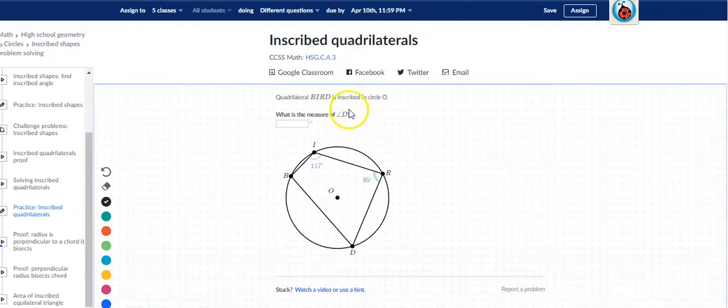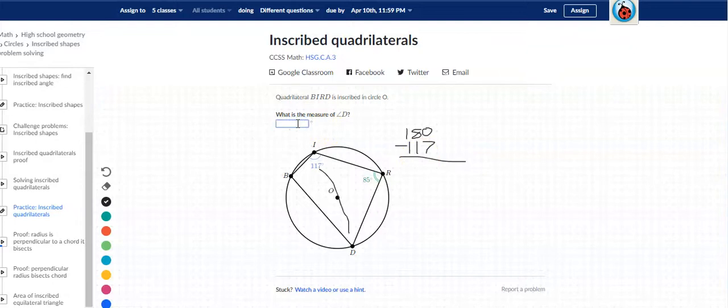Alright, angle D. Again, opposite to the 117, so 180 minus 117 gives us 63.